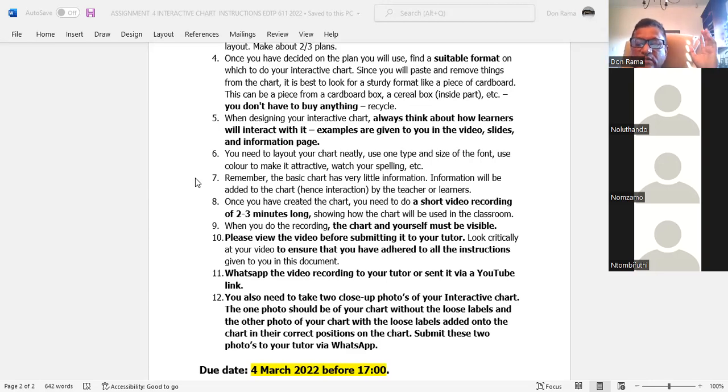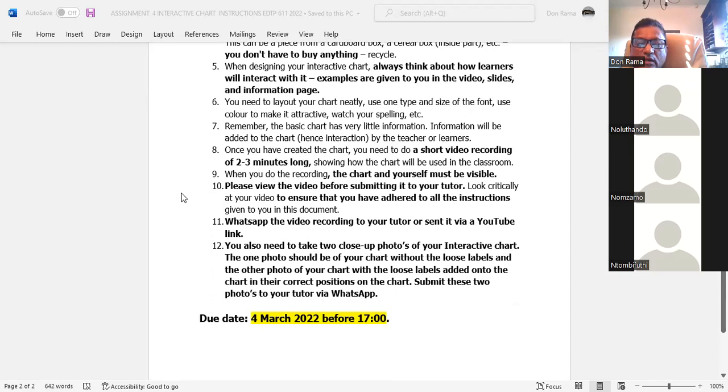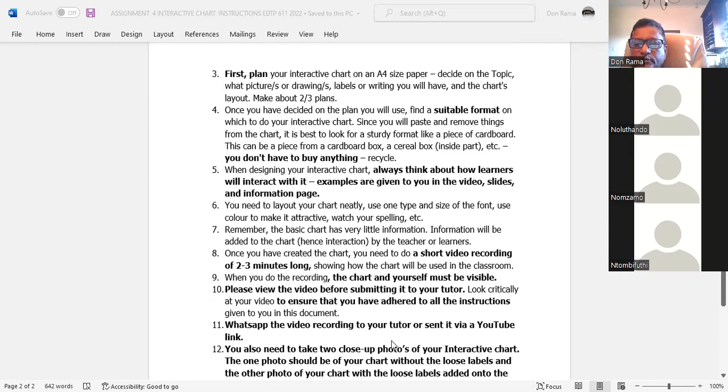In other words, if you think about the digestive system chart, the blank chart, and the other one where I had the labels, the loose labels added onto the chart in the correct positions. Submit these 2 photos to me via WhatsApp, and the due date is Friday, the 4th of March.